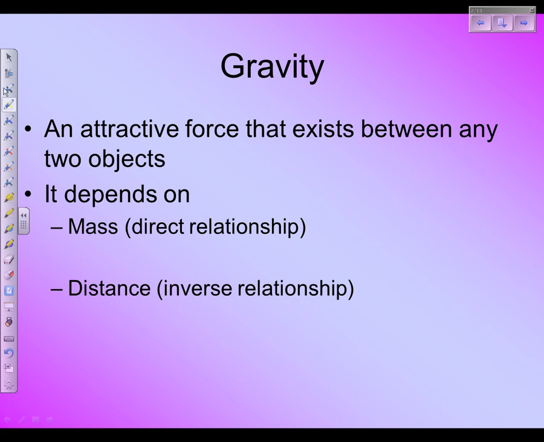But remember, it's not just an inverse relationship, it's actually an inverse square relationship. If this was the force of gravity that exists between two objects, it's equal to 1 over d for the distance. But remember, it's not just d, it's d squared.